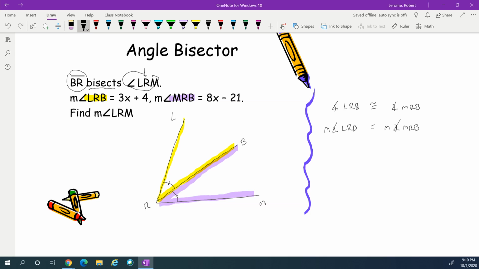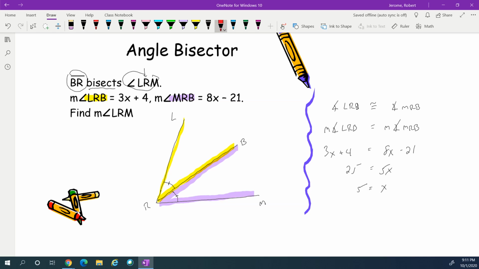So LRB is 3x plus 4. MRB is 8x minus 21. Notice this looks exactly like the work we did for segments. We're going to find x, so subtract 3x, add 21, and x equals 5.